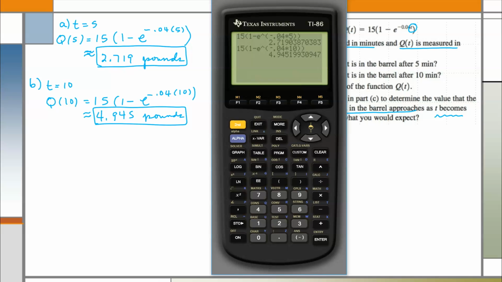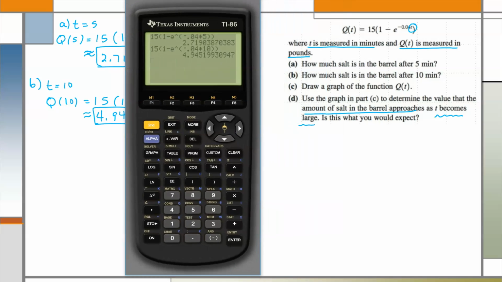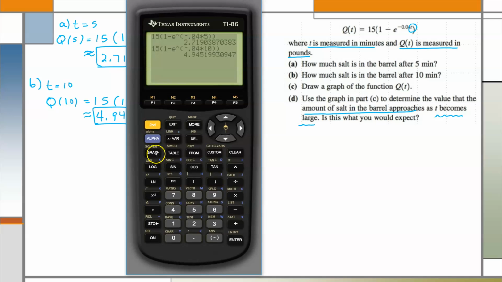Okay, so let's first get our formula into Y1. We have 15 times 1 minus e to the negative 0.04 x.